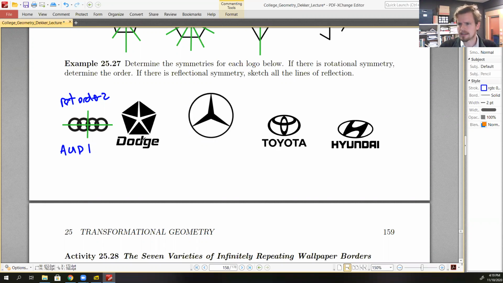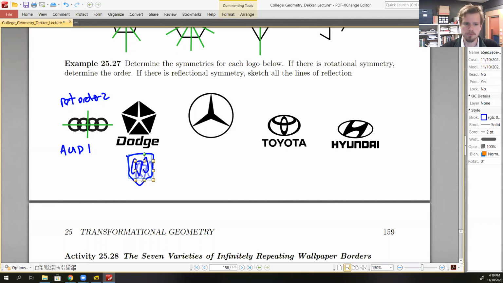So that's kind of different. If you think about the Dodge emblem, I believe actually this may be the Ram. So maybe that was, oh, that looks like an elephant. Okay, no, I don't want an elephant, I want a Ram.